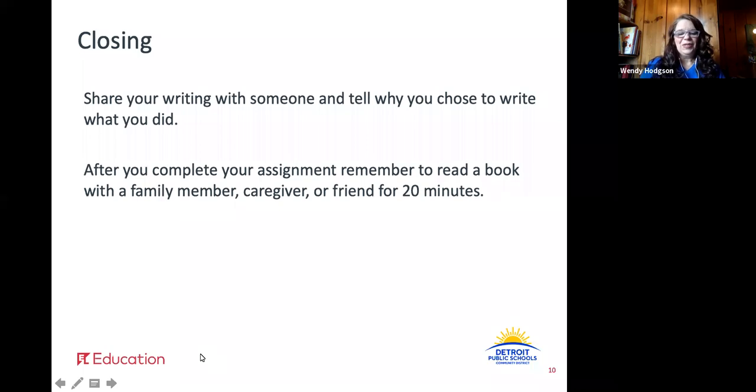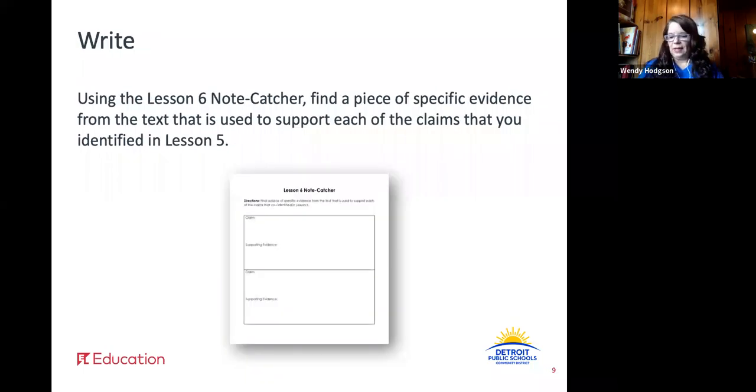Great. So when I was looking at the article and looking for the claims and then the evidence, I found claims on page 1 and also on page 2, things that the author was telling me.